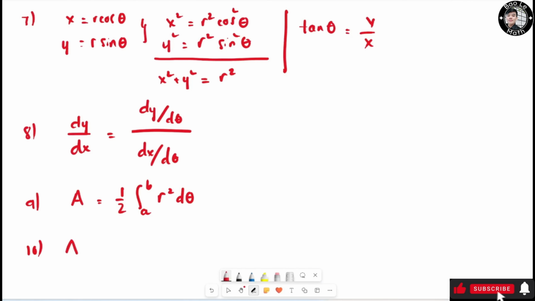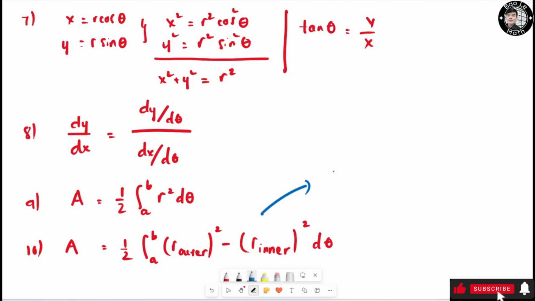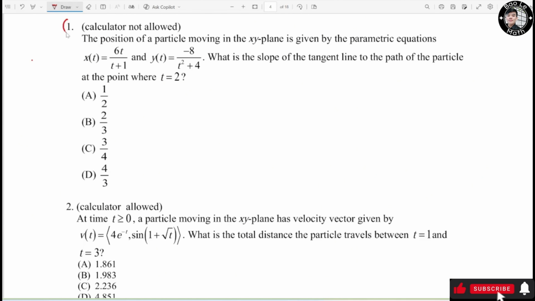It's A equals 1/2 the integral from a to b of the outer radius squared minus the inner radius squared d theta. Be careful, you should not write 1/2 the integral from a to b of the outer radius minus the inner radius, all squared, d theta. This one is completely wrong, so keep that in mind. Now let's move on to question 1.